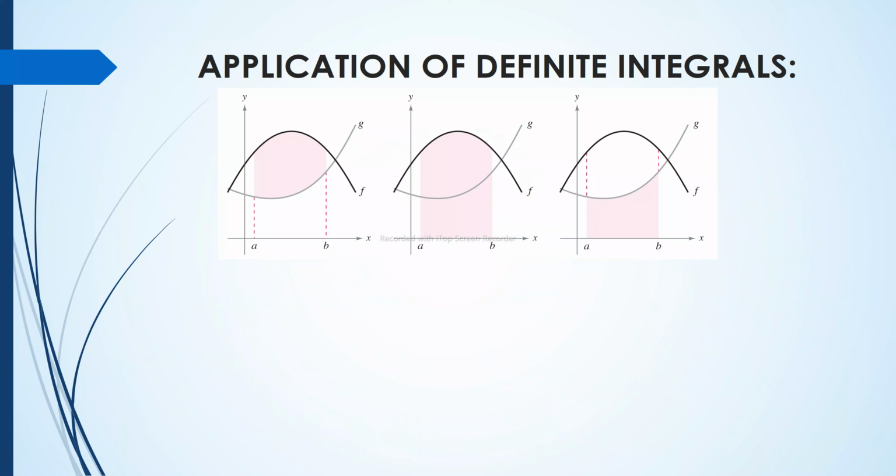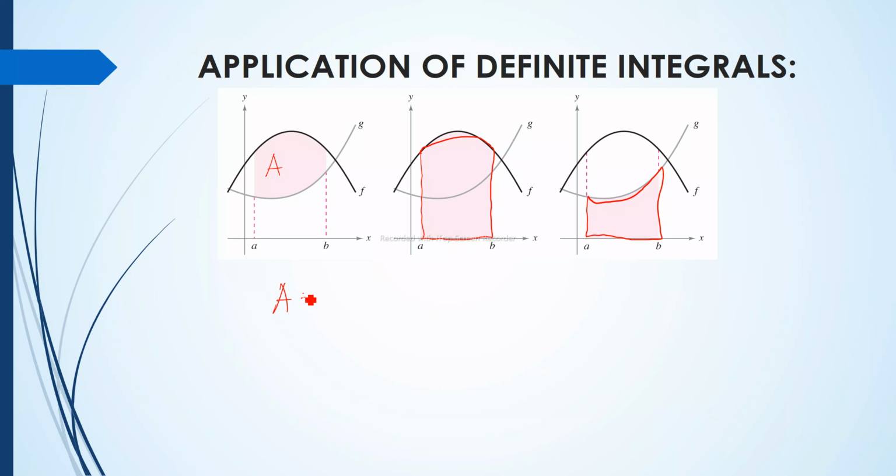We have a figure shown here to elaborate and make it easier to understand. It shows that the area of this region is equal to the area bounded by the upper curve minus the area bounded by the lower curve.